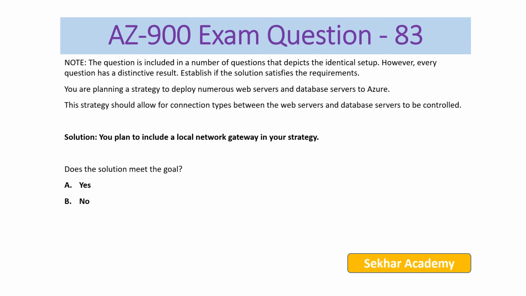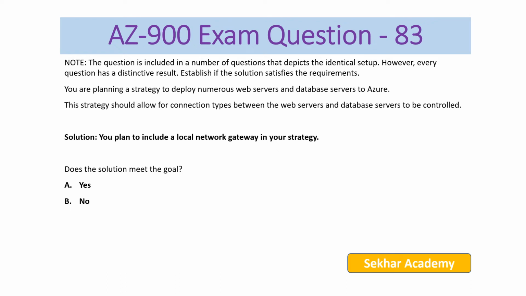AZ-900 exam question number 83. The question here is the same. The solution is: you plan to include a local network gateway in your strategy. A local network gateway is a specific object that represents your on-premises location for routing purposes.